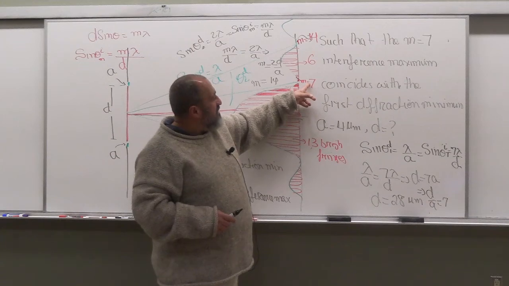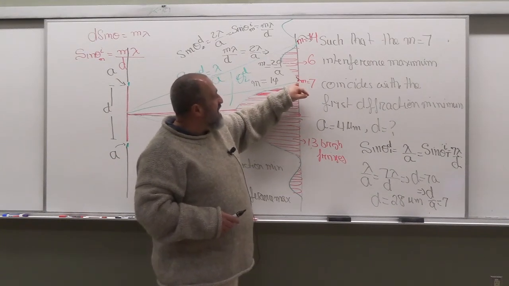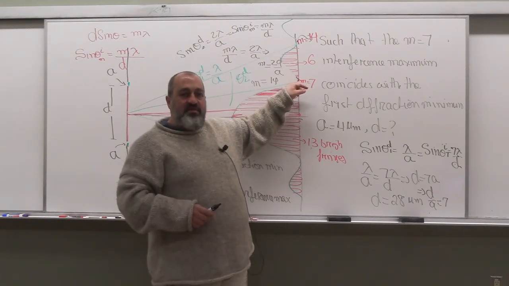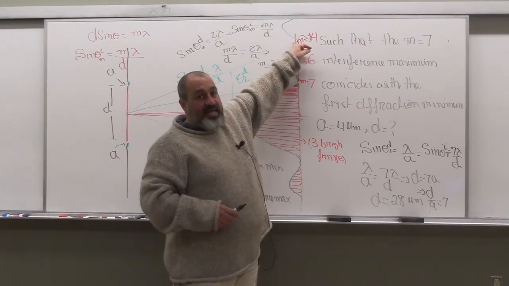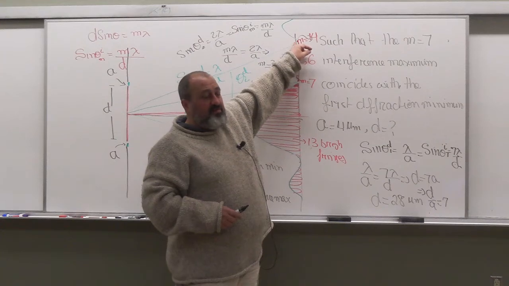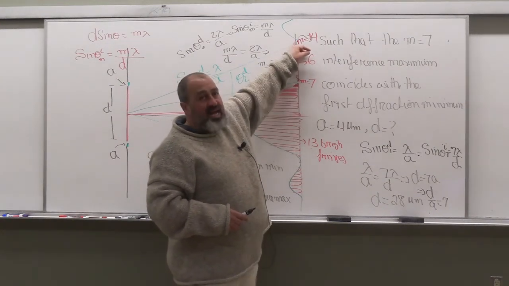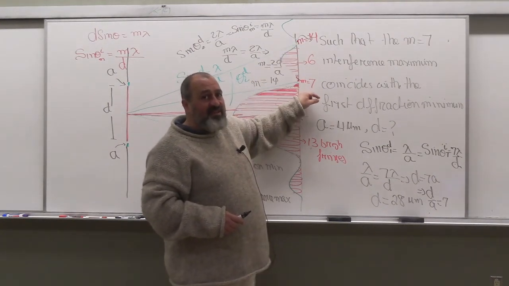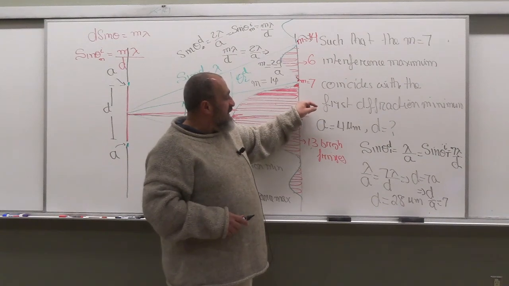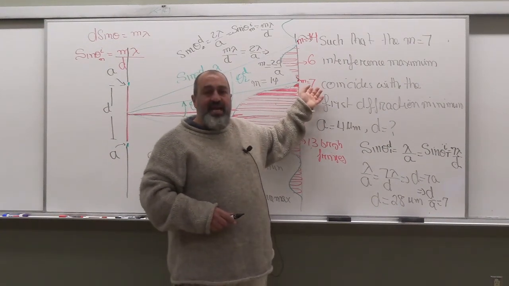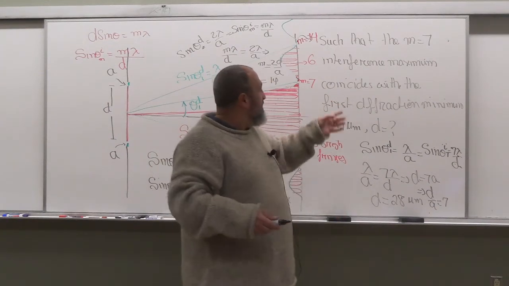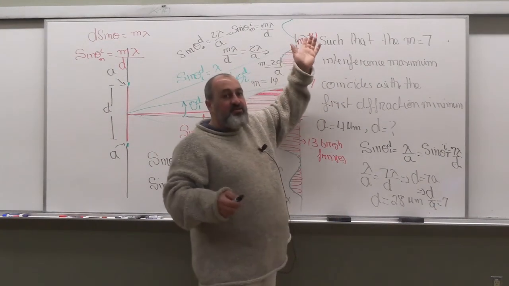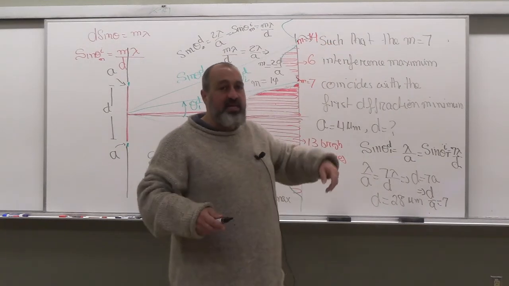If it's 6.5, what if I have at the first diffraction minimum an interference minimum, what am I going to get there? Am I going to get another interference minimum? If this is 6.5, what is double 6.5? 6.5 means I've missed the maximum. 6.5 puts me at the minimum exactly. If this is 6.5, what is that? 13. So is that maximum or minimum when I'm looking at maximum?